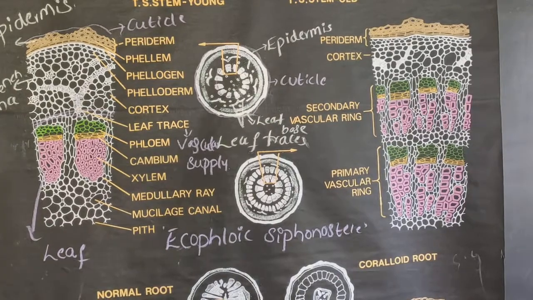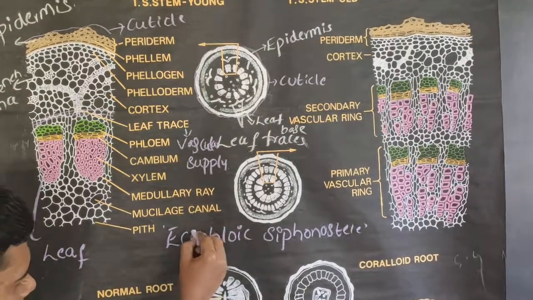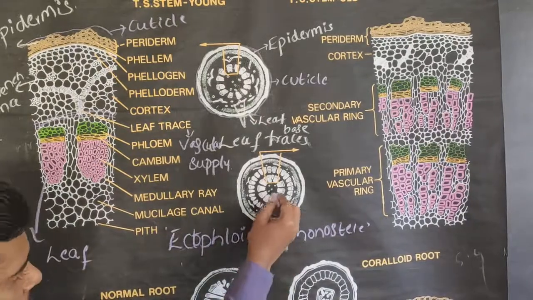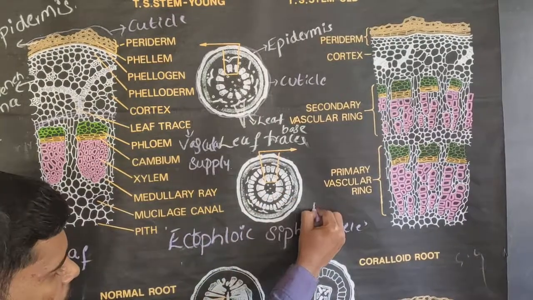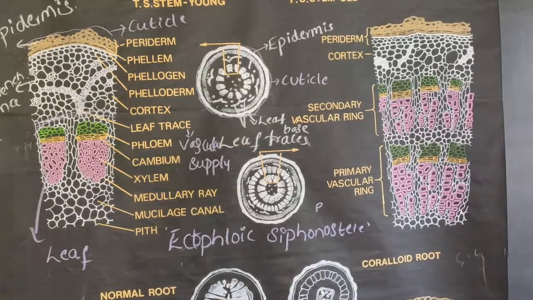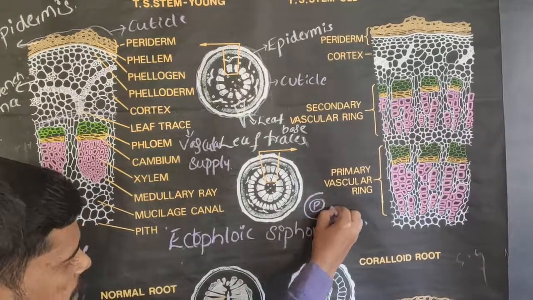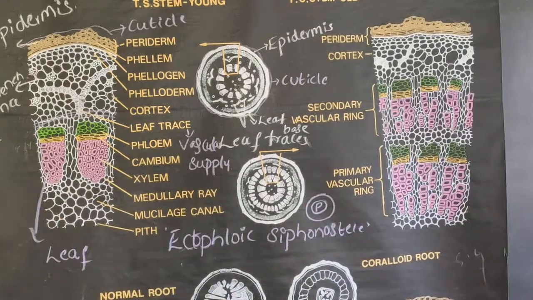So, what do you mean by this? Ectophloic siphonostele means usually a central pith is present, and this pith is surrounded by the vascular bundles.